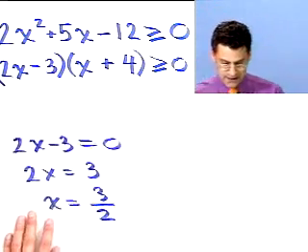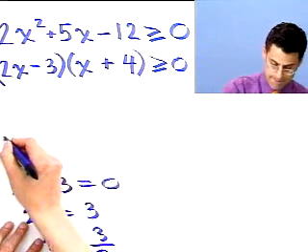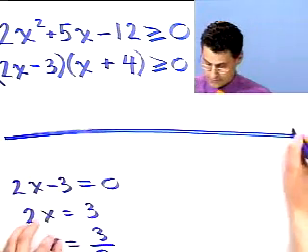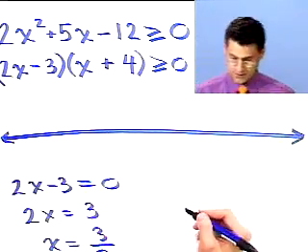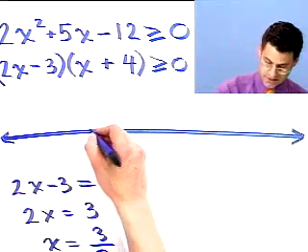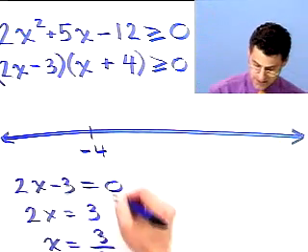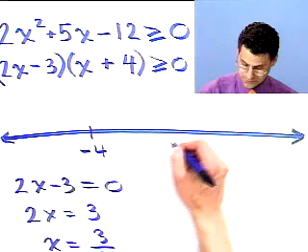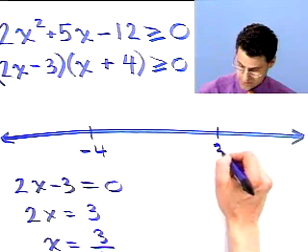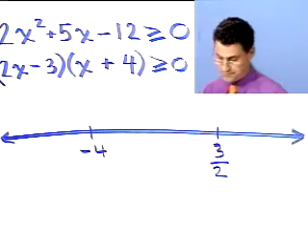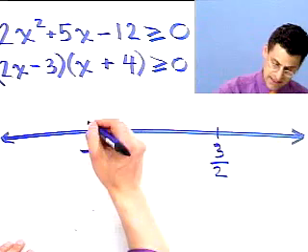So if I make a sign chart, I'll just mark down these points here. I have negative 4. That's where this is 0. And then I've got 3 over 2 way over here. And let's see.